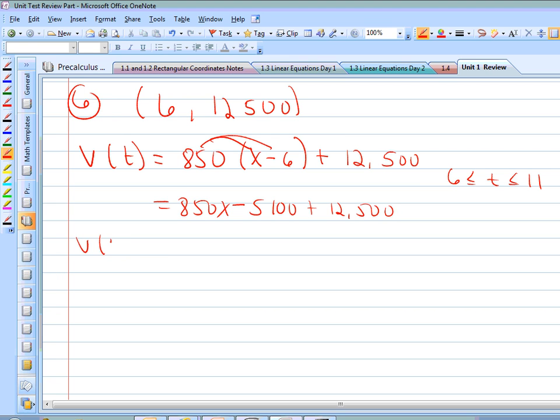And our value over time, when we simplify, then is 850x, increasing by 850 each year, plus 7,400. So if we were in year 0, it was worth 7,400. If you plug in 6 here and multiply and add 7,400, you would get the 12,500. And therefore, you'd be able to predict in year 11 what would happen. All right, so 5 years after year 6 would be year 11. You could plug in and you would be able to predict what that would be.